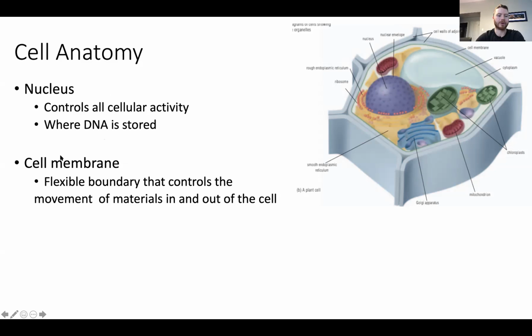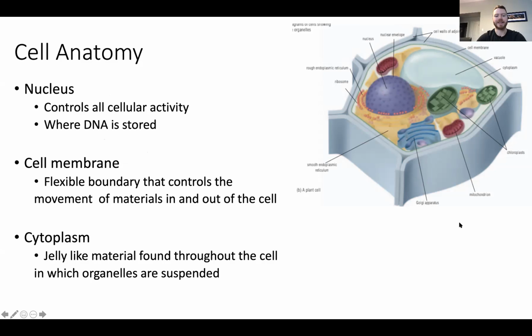The cell membrane is a fluid boundary, so it can move. It's not rigid. It's not like a metal box. It's fluid. It can move depending on what it needs to do. And this is going to control the movement of materials into and out of the cell. So this is really important as we go forward.